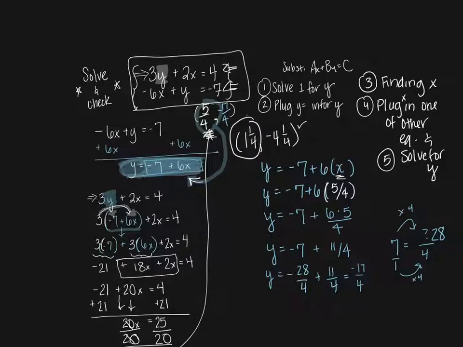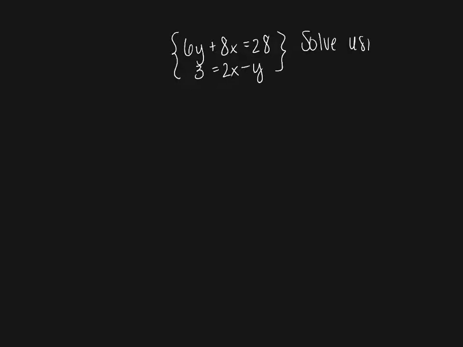Okay, last step is to check. I'd like you on your own paper to please solve this system using substitution. All right, make sure to show your work, check yourself, and remember this in class.